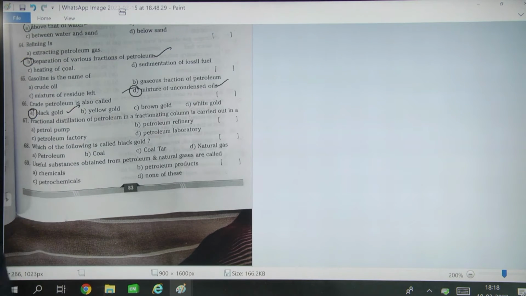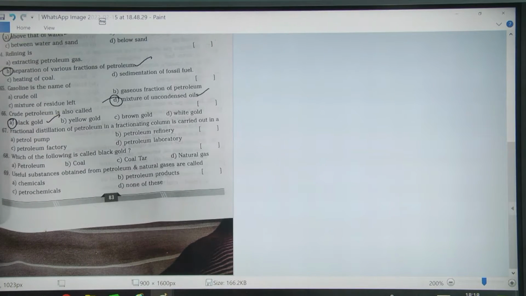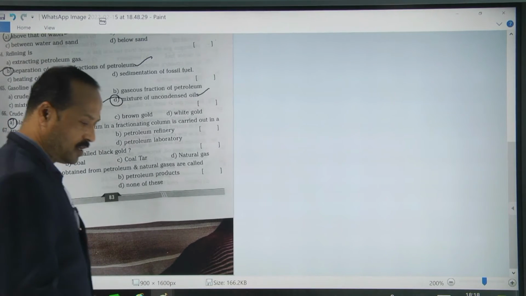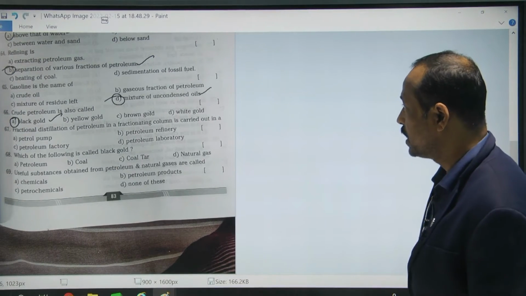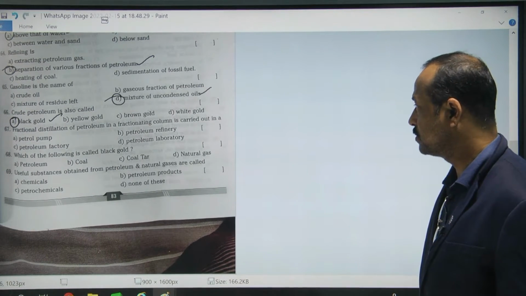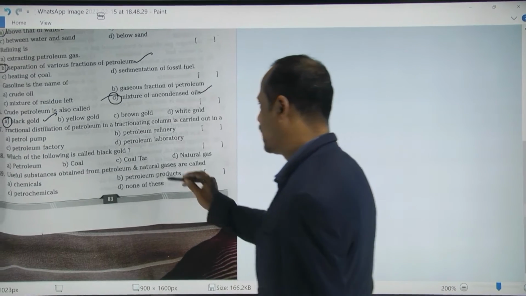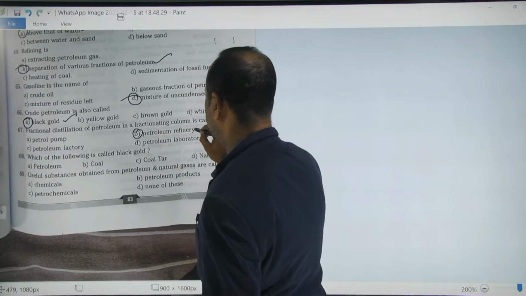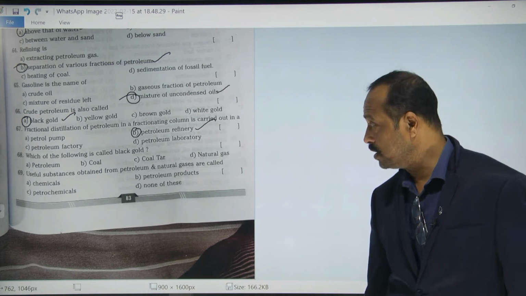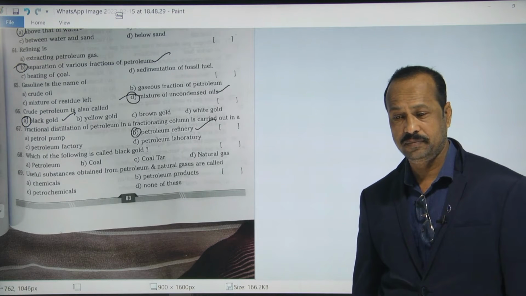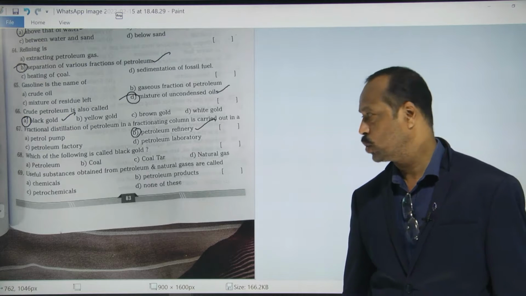Very good. Next one, fractional distillation of petroleum in a fractionating column is carried out where? Petroleum refinery. Very good. Which of the following is called black gold? Coal.